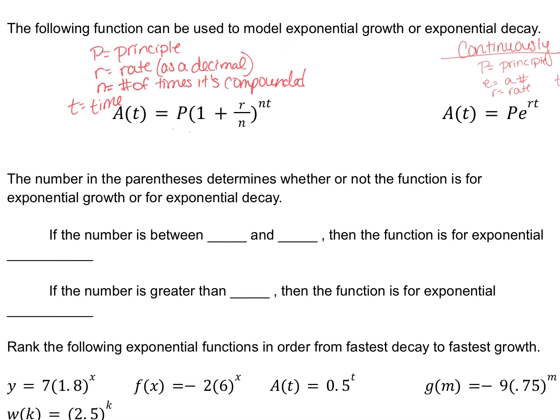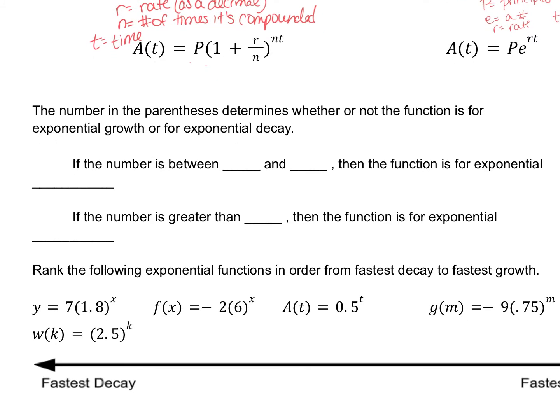Okay, so let's do this. First, the number inside the parentheses tells you whether it is growth or decay. If the number is between 0 and 1, then the function is exponential decay. And if the number is greater than 1, it is growth.